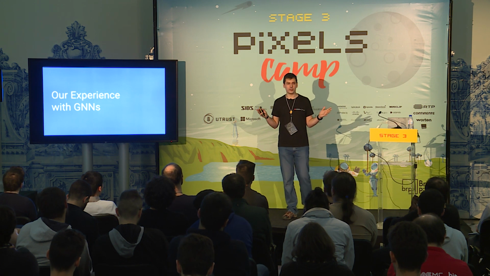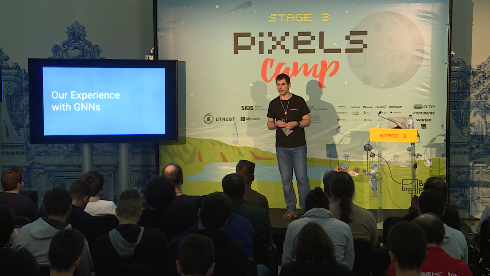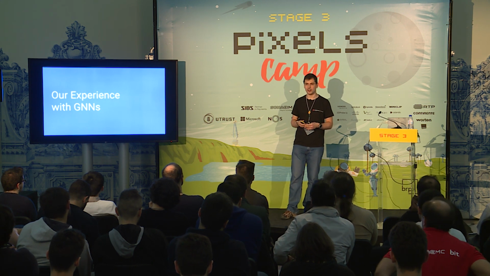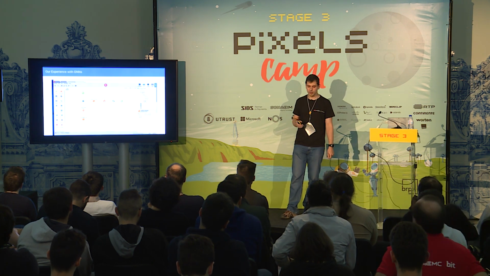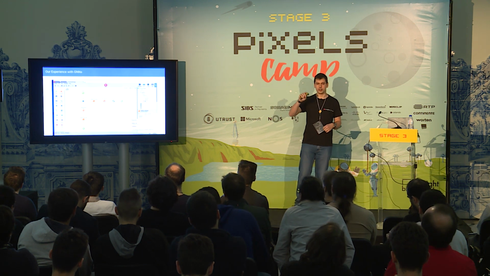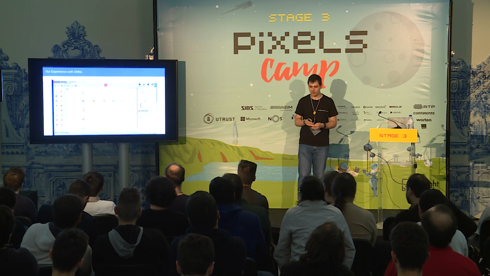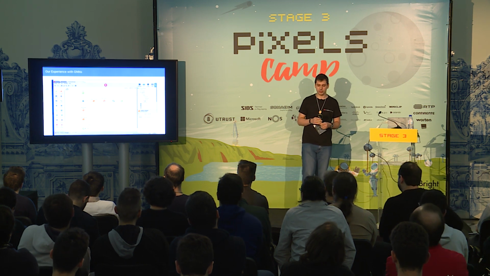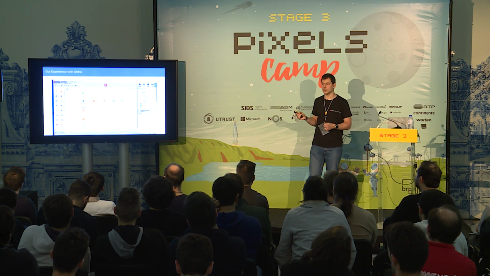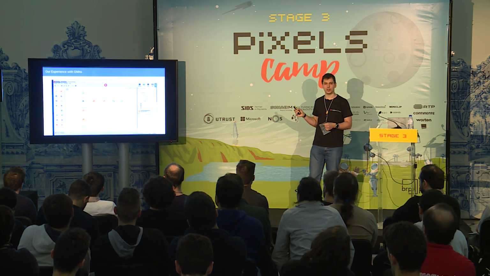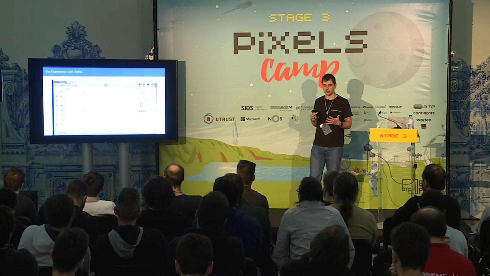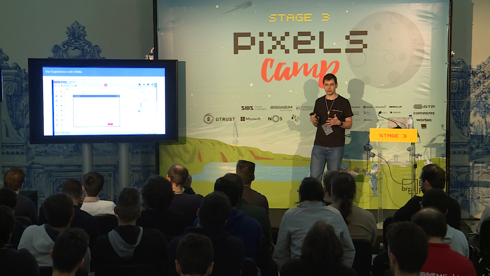So I talked about stuff that other people were doing, and now I'm going to talk about our personal experience with graph networks. At OutSystems, we have this development platform where you create logic in a visual manner. And what we've been doing lately is this prototype where instead of adding the next piece of logic from the toolbar, you just get predictions of what you want to have there.